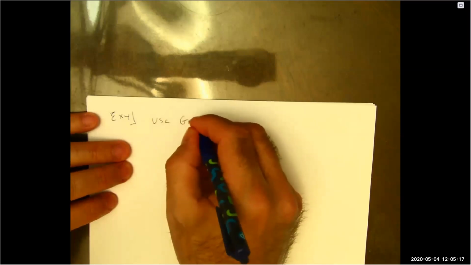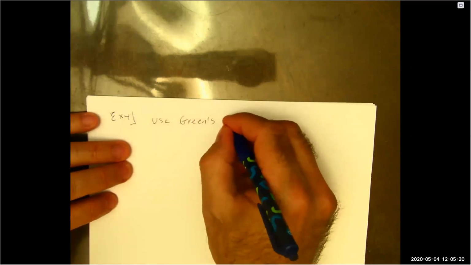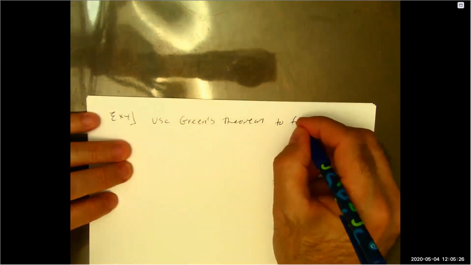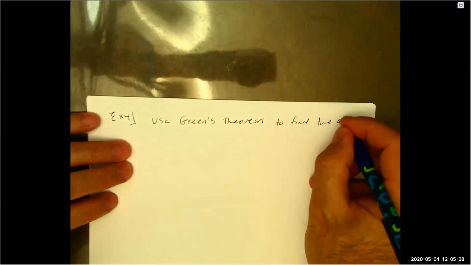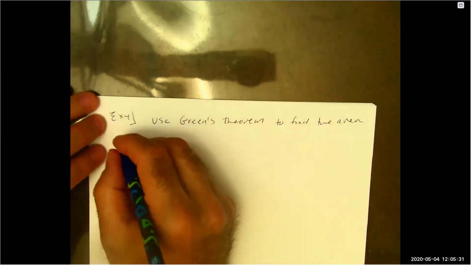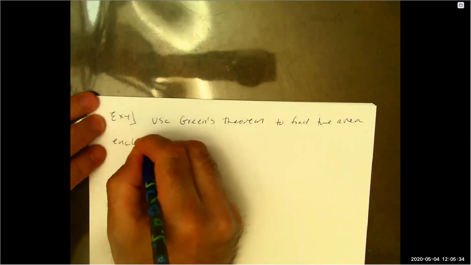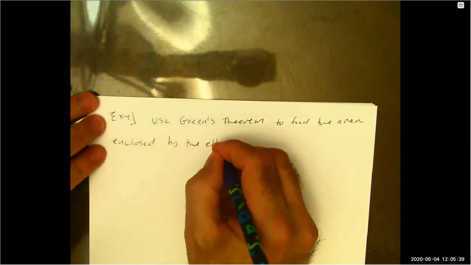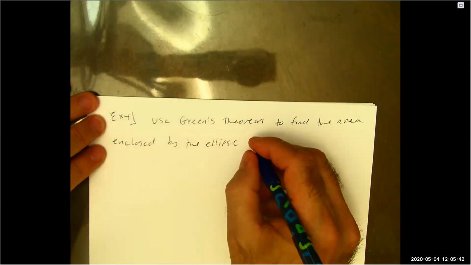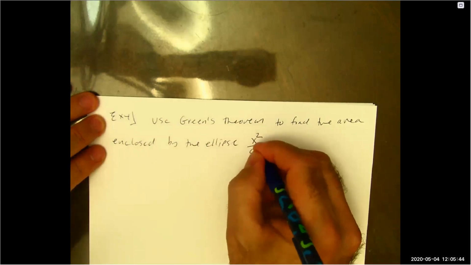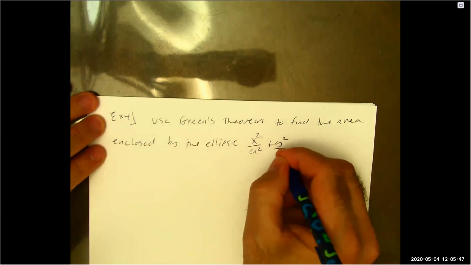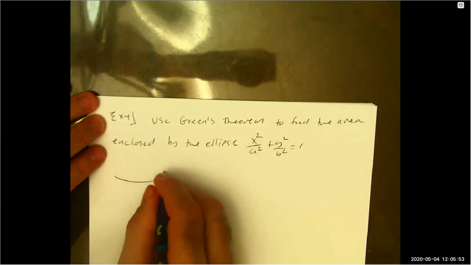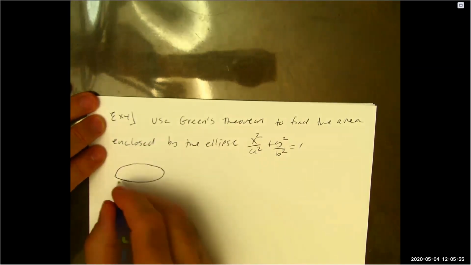So we're going to use Green's theorem to find the area. And so we've got this ellipse here.